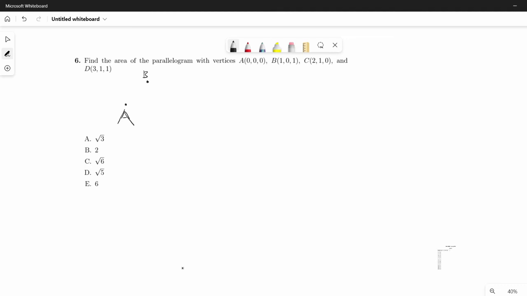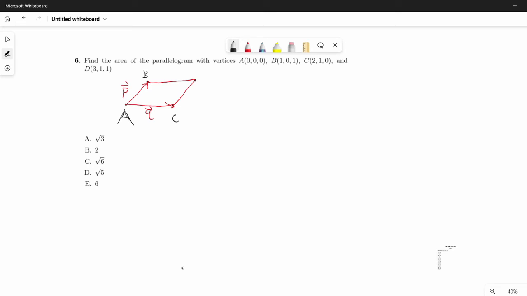And then we go maybe 2 over. We have C here, and D would be here. So this, when connected, will be our parallelogram. In this case, let vector P and vector Q be as follows: AC be Q and AB be P.